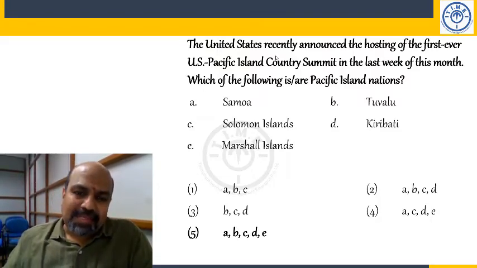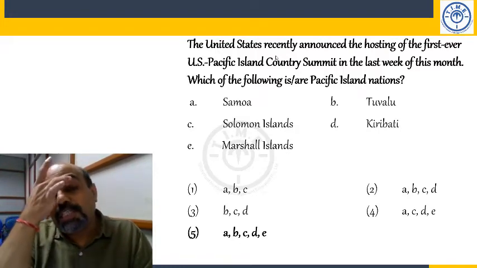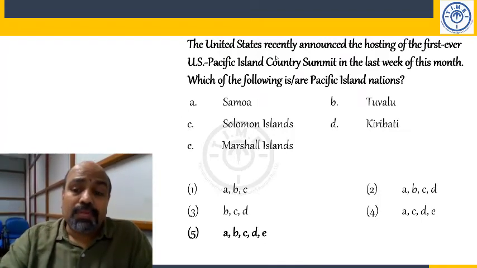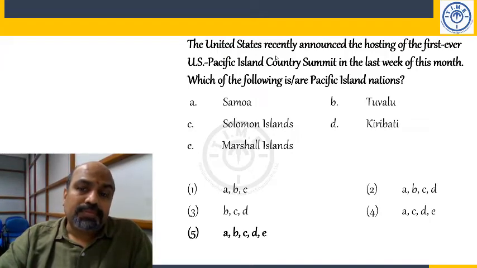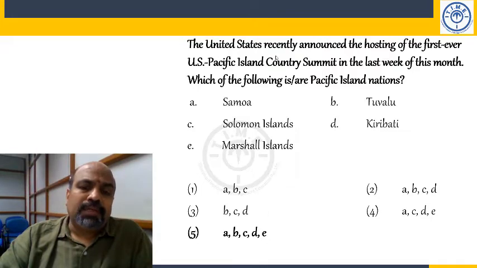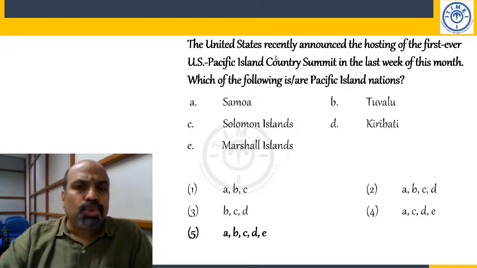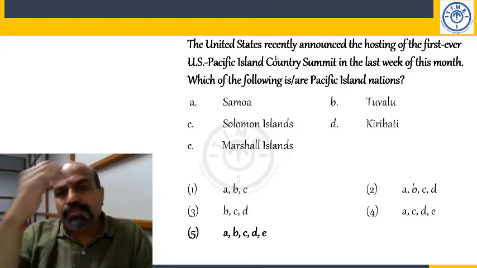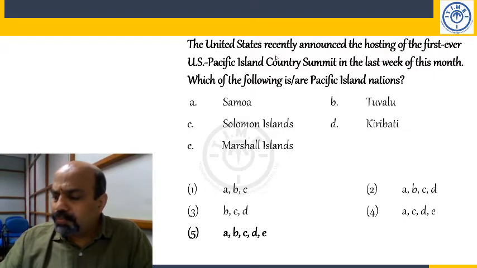So anyway, Kiribati, the capital is South Tarawa. South, S-O-U-T-H. Tarawa, T-A-R-A-W-A, Tarawa. South Tarawa. Last one, Marshall Islands. Majuro, M-A-J-U-R-O, Majuro.